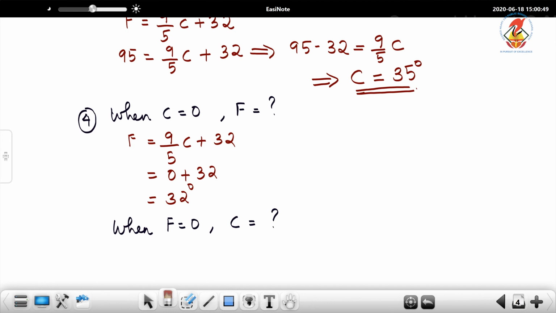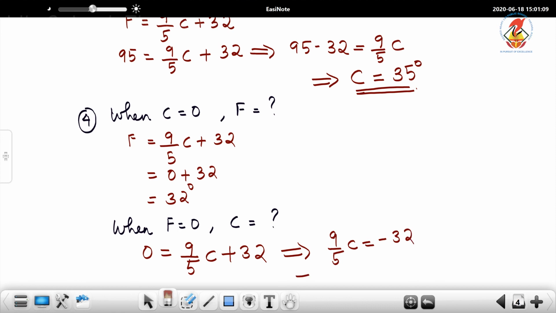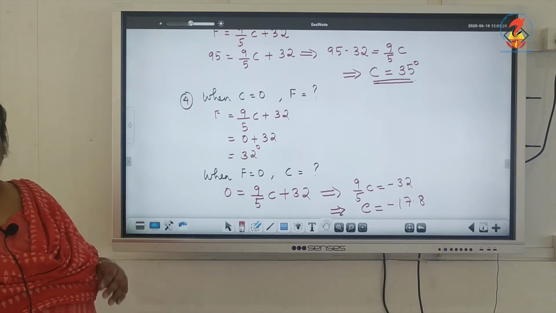So, when Celsius is equal to 0, Fahrenheit will be 32 degrees. In a similar way, when F is equal to 0, what is Celsius? So, 0 is equal to 9 by 5 C plus 32. That is 9 by 5 C equals negative 32. When you simplify, you will get the value of C to be negative 17.8. These are easy questions.